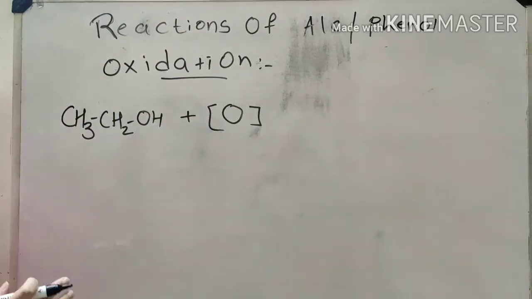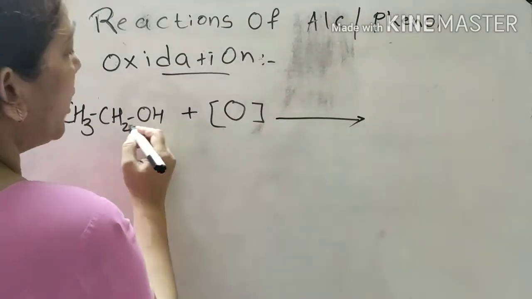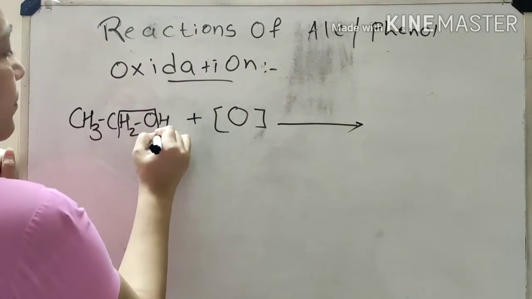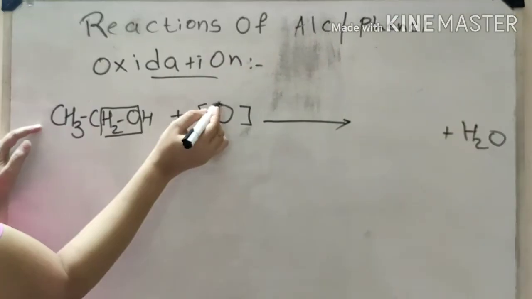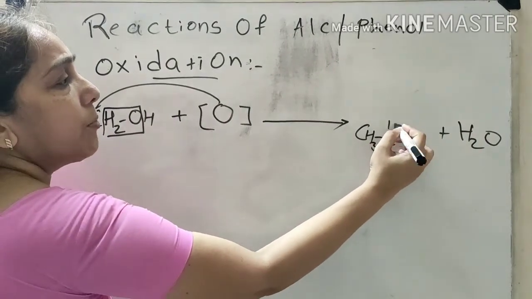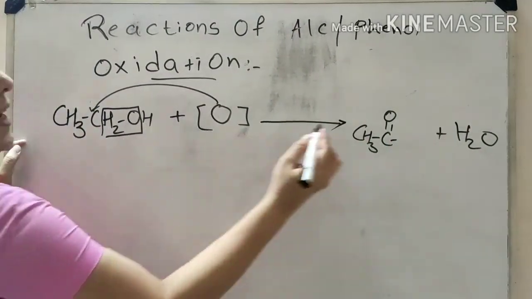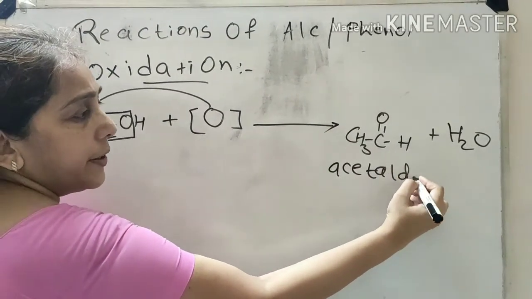If it is oxidized, it gives water as the byproduct, H2O, and the oxygen is attached to this carbon, so CH3, C double bond O, and H, to form acetaldehyde.